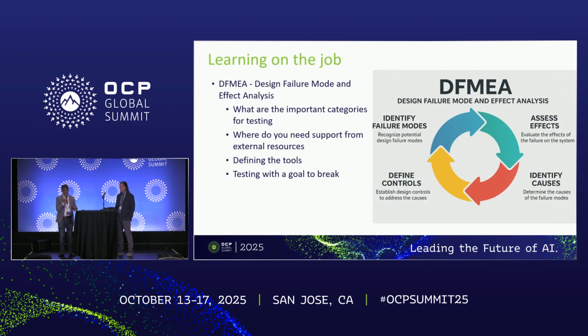So what we did is, again, this is like a loop. We looked at identification of different failure modes and assessed the effect of such a failure, right? If failure X happens, what is the observation? What do you expect to see? How is the system expected to behave? What is Y? And then identify the different causes for the failure, simulate them, and define the control.